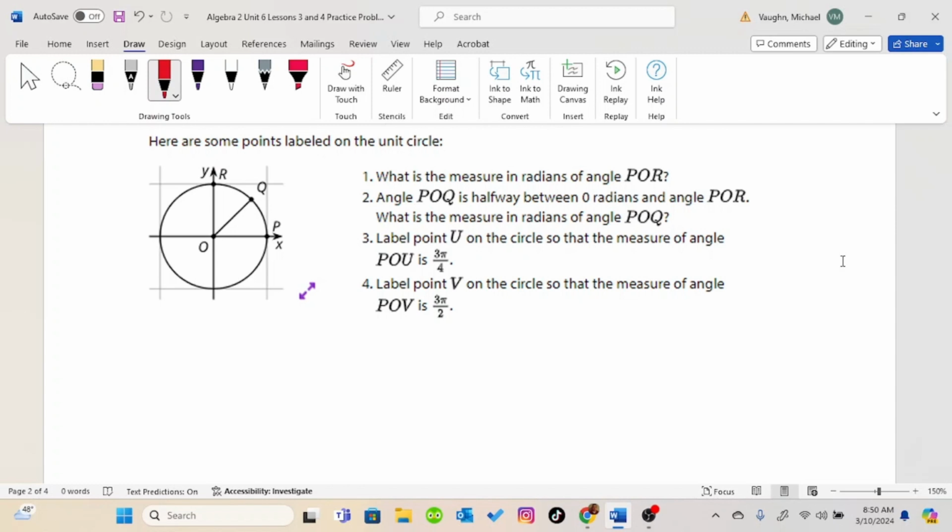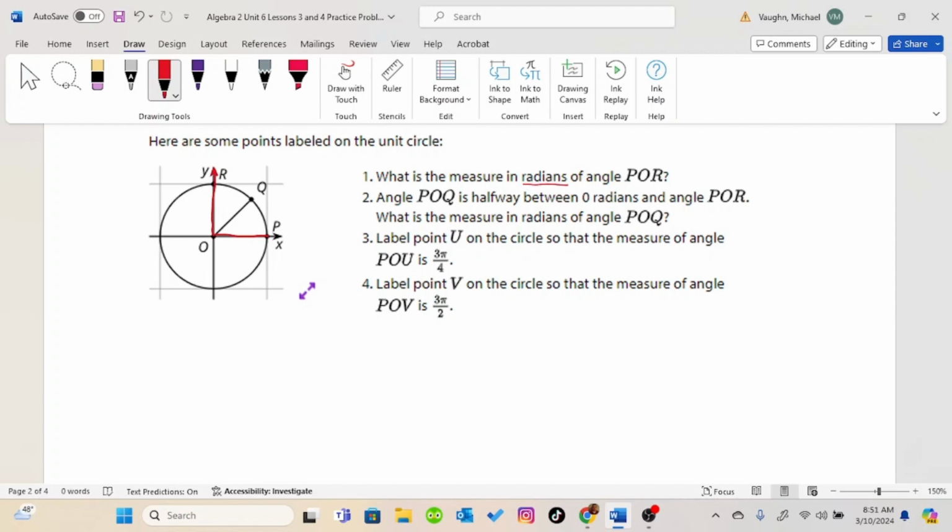Here are some points labeled on the unit circle. Number 1. What is the measure in radians of angle POR? So if we're looking at POR, we're looking at this 90-degree angle. But we want to measure it in radians.